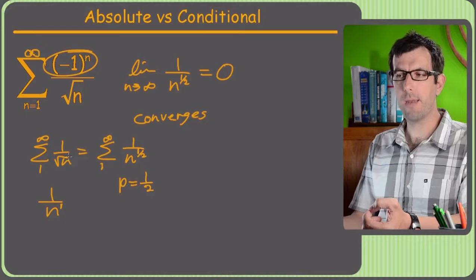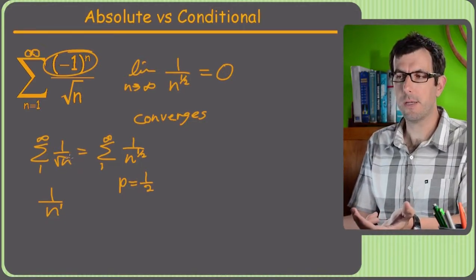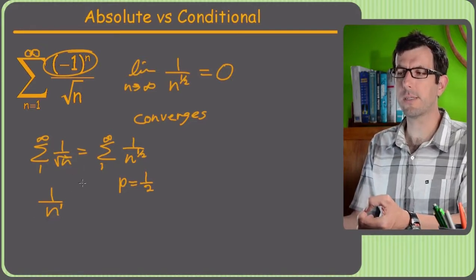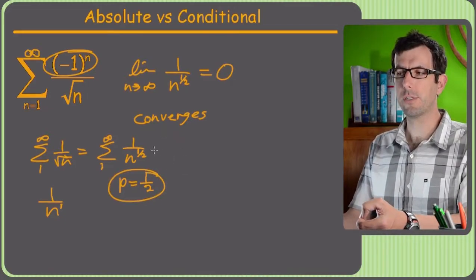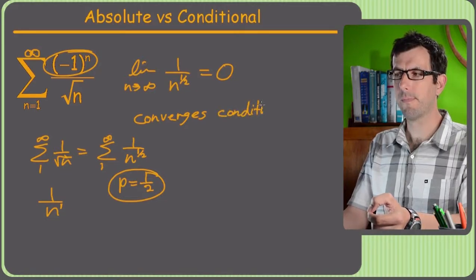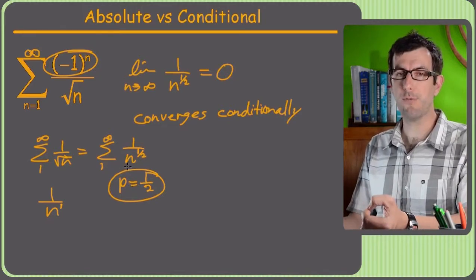So if you do 1 over root n, that pretty obviously also diverges, because it's going to converge even less than the harmonic series did. Anyway, so p equals 1/2. By the p-series test, that diverges. So this converges conditionally, because remember, it only diverged if we took the absolute value of everything.